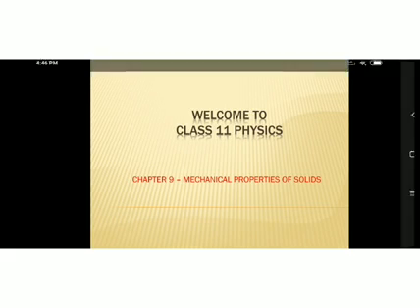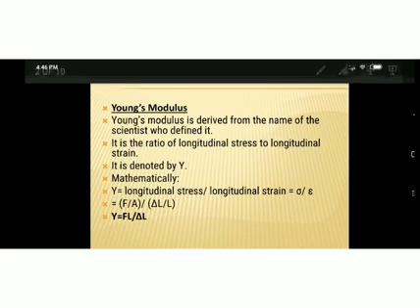First we will discuss Young's modulus. Any elastic modulus is the ratio of stress and strain, and Young's modulus is the ratio of longitudinal stress to longitudinal strain. So it is the elastic modulus corresponding to the longitudinal stress and strain.